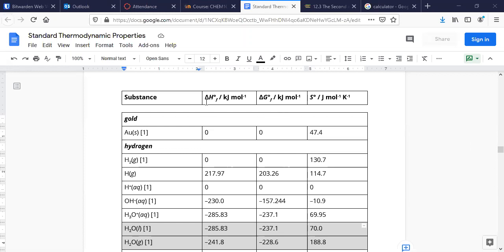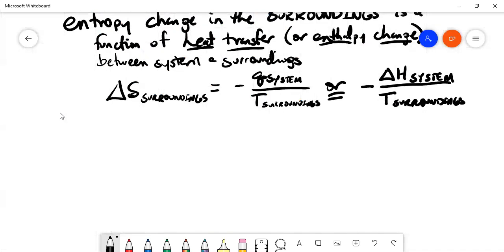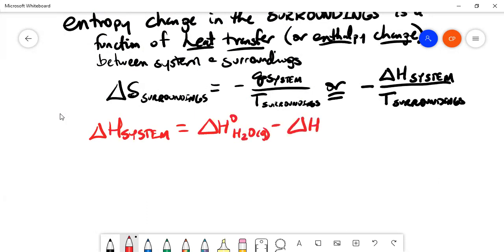In my leftmost column, my delta H standards, I've got a delta H for water in the gas phase, and I've got a delta H for water in the liquid phase. In the gas phase, it's negative 241.8. In the liquid phase, it's negative 285.83. Okay. So let me go through the exact same Hess's law arguments to get the delta H for the system that I went through for delta S of the system. Let me go products minus reactants again.